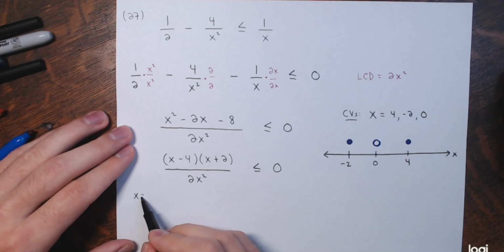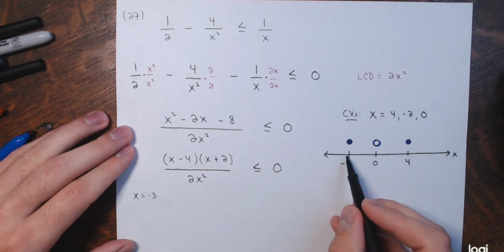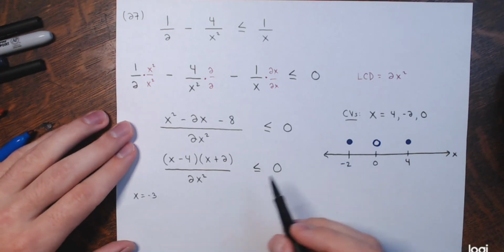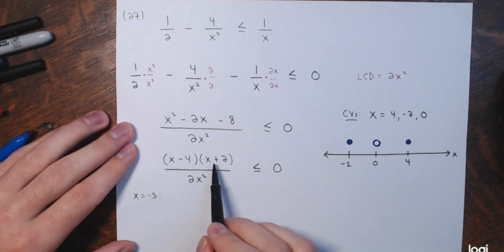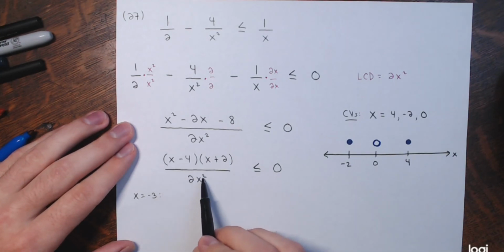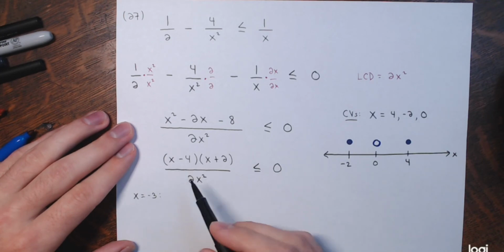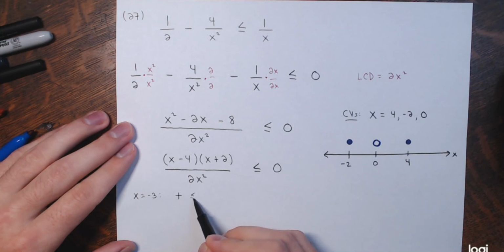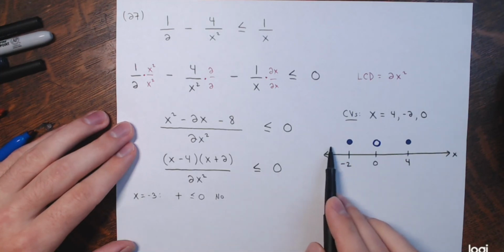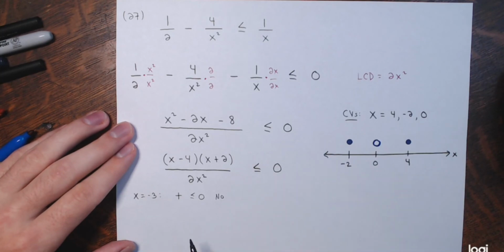All right, so when x is negative 3, some value to the left of negative 2. Looking at the factored form here, we'd have a negative times a negative, so a positive numerator, and a positive denominator because you're squaring times 2 there. Everything positive. Is a positive number less than or equal to 0? Nope. So no solutions to the left of negative 2. Between negative 2 and 0, how about negative 1?